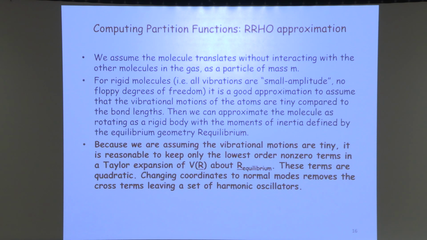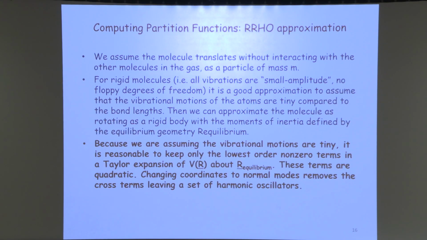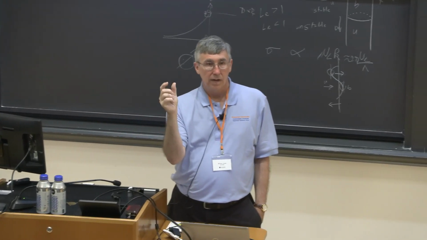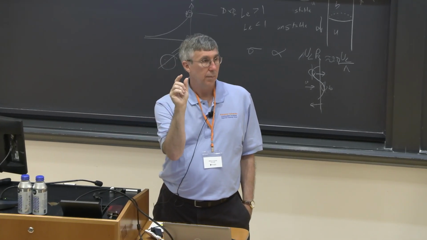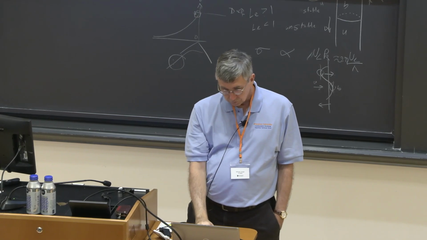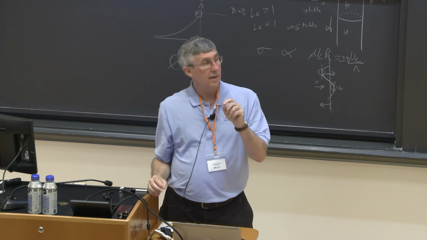Now, because we started by assuming that the vibration amplitudes are very tiny, that suggests immediately we should do a Taylor expansion in the vibrational motion compared to the geometry. And so what we're going to do is pick the particular value of the geometry that has the lowest energy.